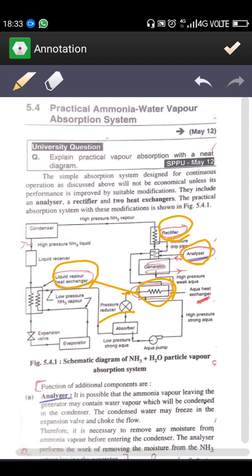These are the extra parts which we apply to use the ammonia vapor absorption refrigeration system in practical life.